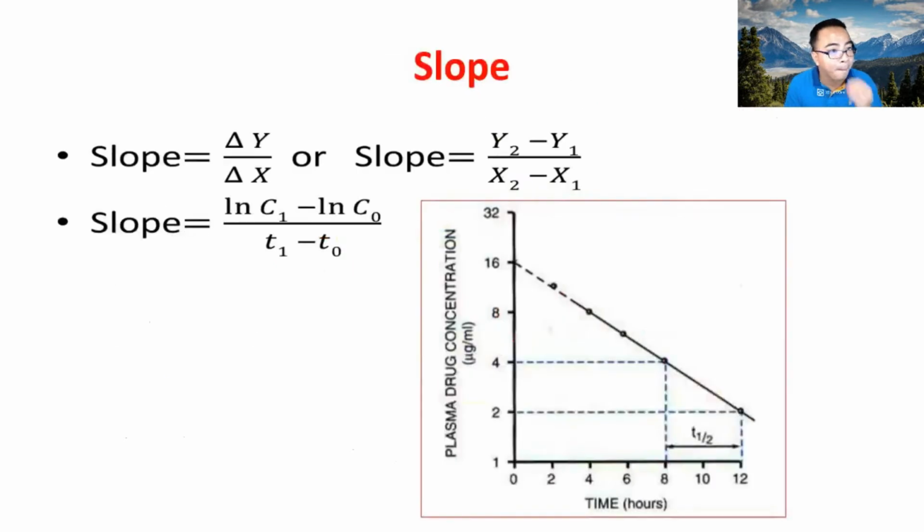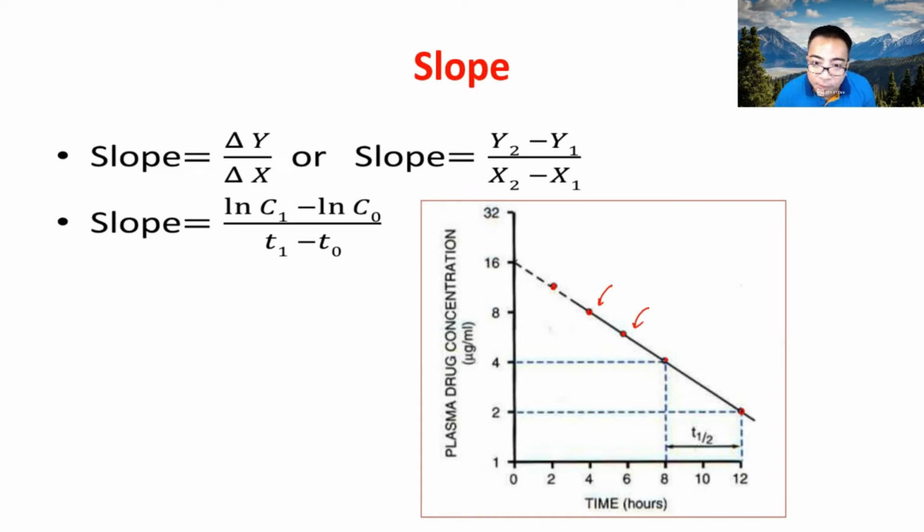Now, what about when we're computing for the slope? Okay, slope, class, if we remember from elementary or maybe high school, the equation of slope is change in y over change in x. Meaning, the slope would usually be y2 minus y1 over x2 minus x1. As long as you have a straight line here, you can compute the slope of the line by using 2 points.